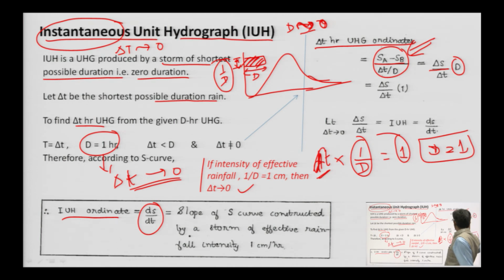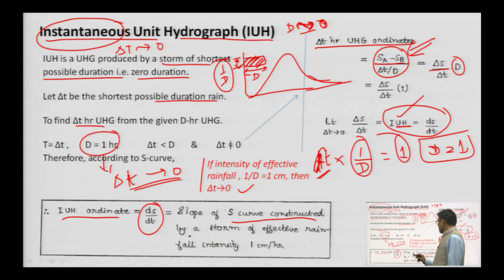If D is equal to 1, then ΔT tends to 0. So it is dS/dt, and dS/dt is the IUH. So the ordinate of IUH is the slope of the S curve.